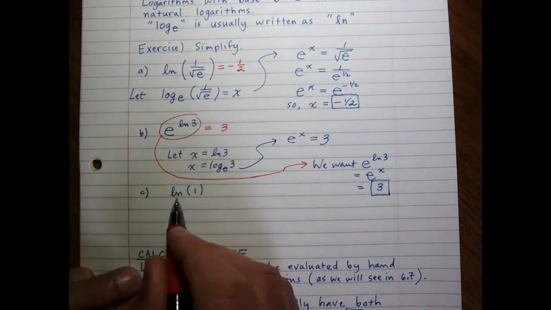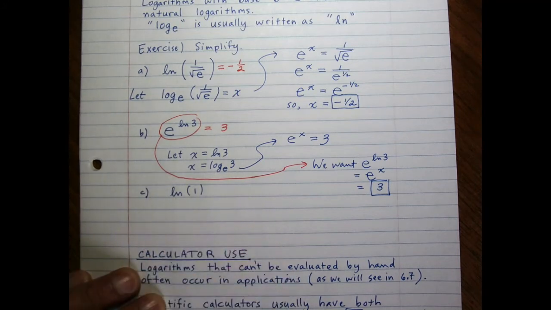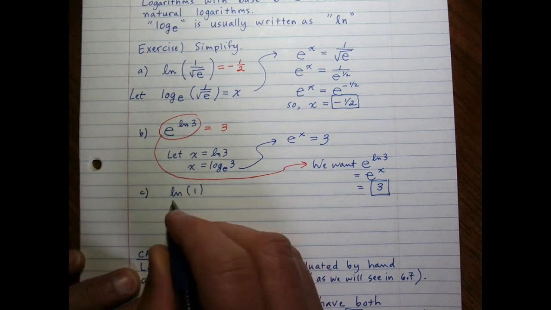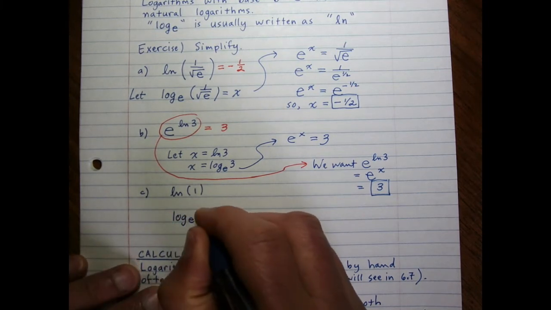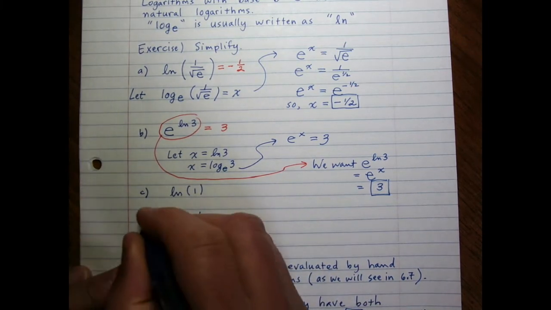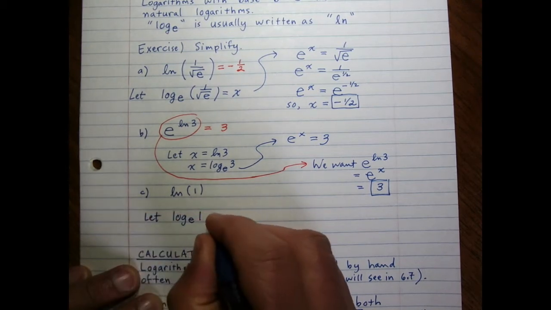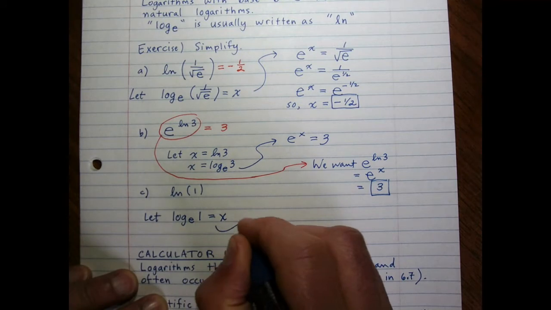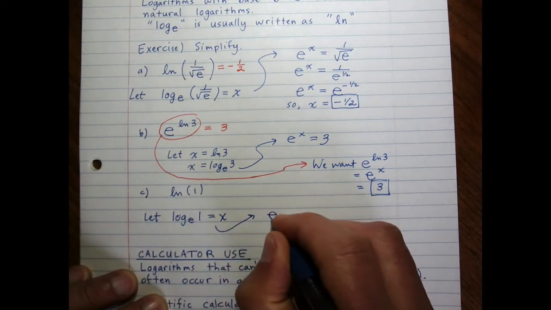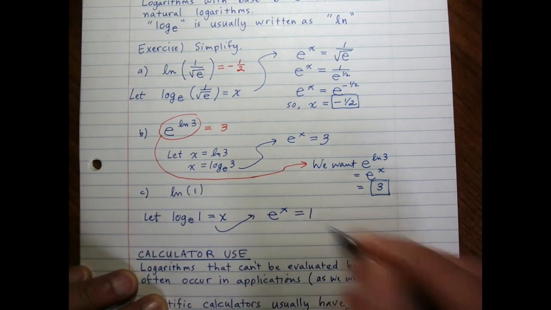And finally, one more here, ln of 1. Ln of 1 is log base e of 1. We can let log base e of 1 be x. So e to the x is equal to 1.